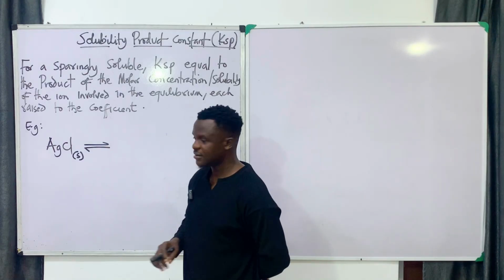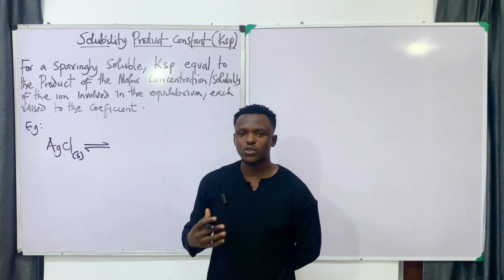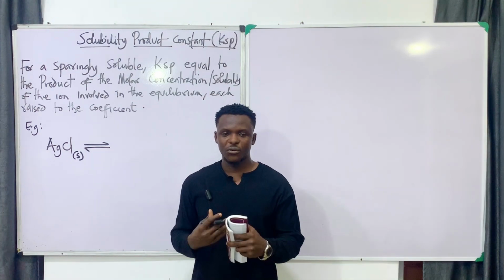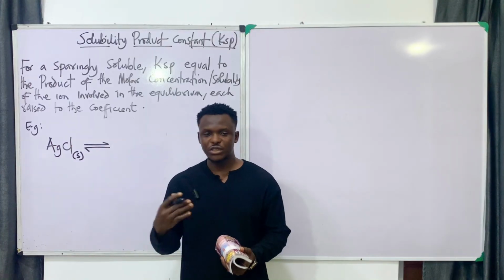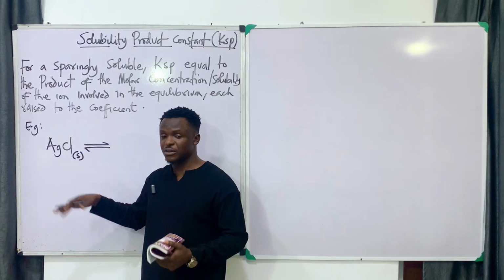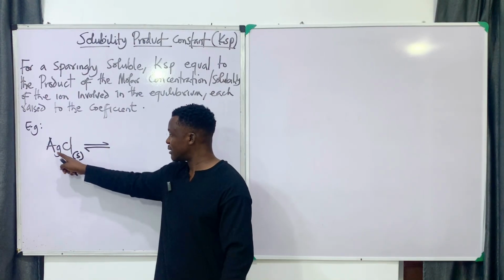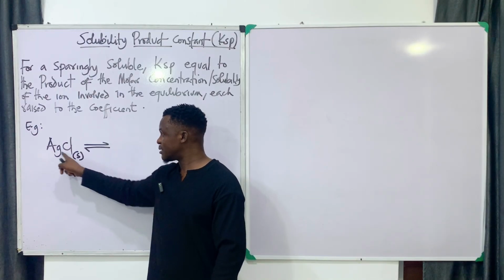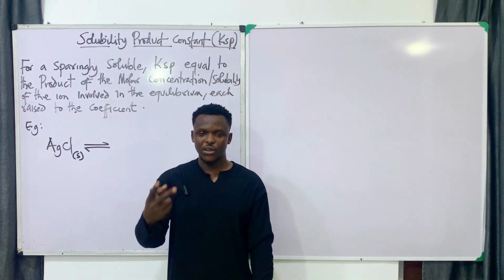This is actually a dissociation reaction. In the case of chemical equilibrium, it was more like a chemical reaction, two things coming together to give a product. But here, we are dissociating it. If you dissolve this solid in water, this is solid like your table salt, these elements will split and become their respective ions.